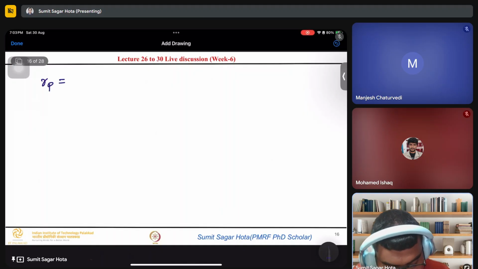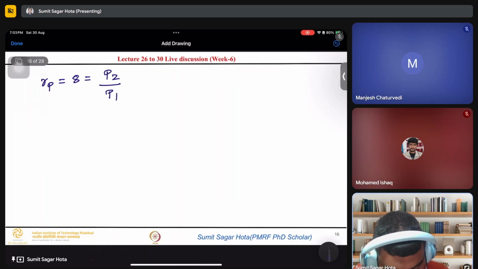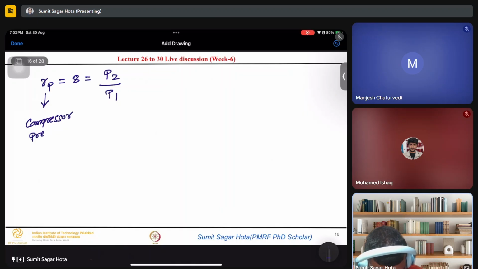That Rp is equal to 8, which is P2 by P1, the compressor pressure ratio. So 8 is equal to P2 by 0.393.